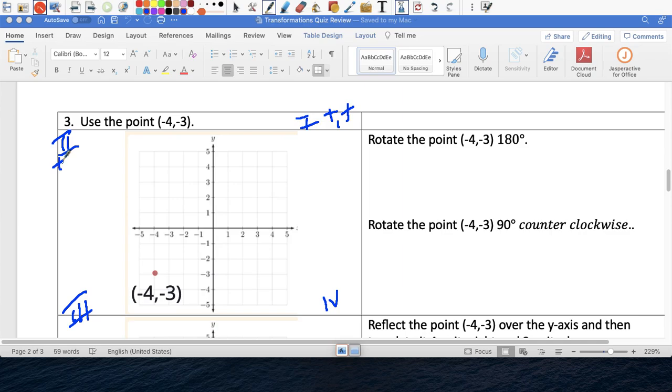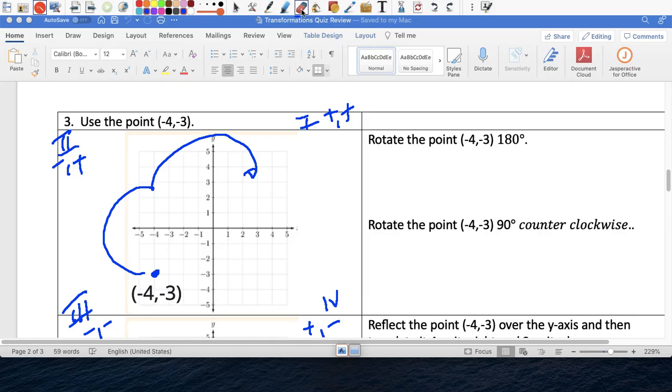Negative, positive. Quadrant 3 is negative, negative, and quadrant 4 is positive, negative. So if you rotate -4, -3 at this point right here, 180 degrees, it's going to travel 90 degrees, which is one quadrant, and another 90 degrees, which is the second quadrant. So 90 plus 90 is 180. So -4, -3 lands in quadrant 1.